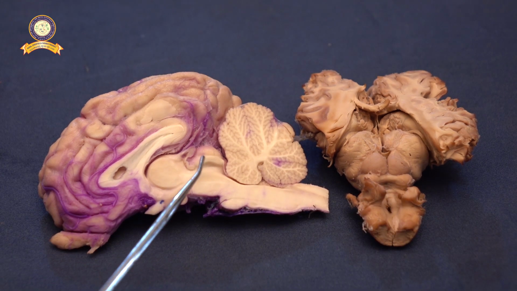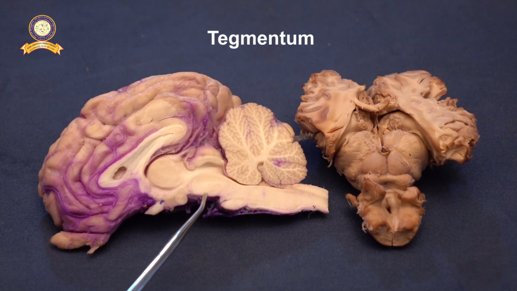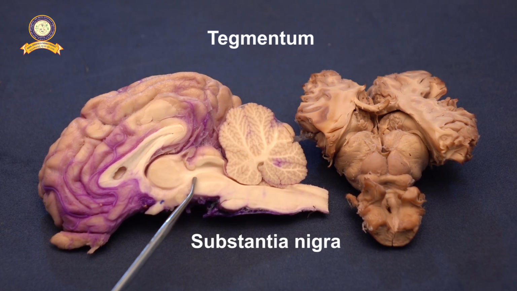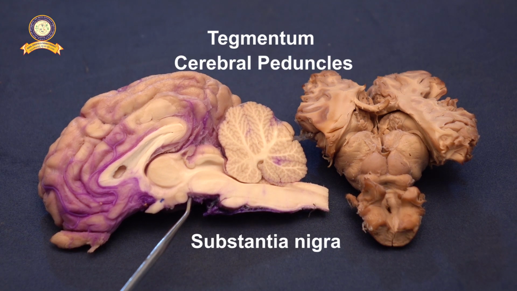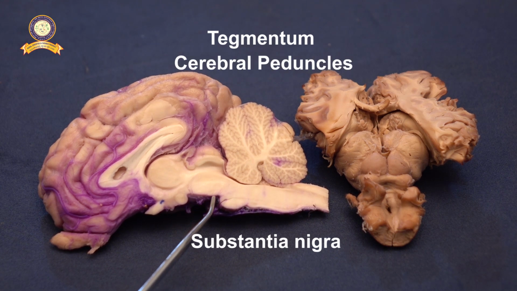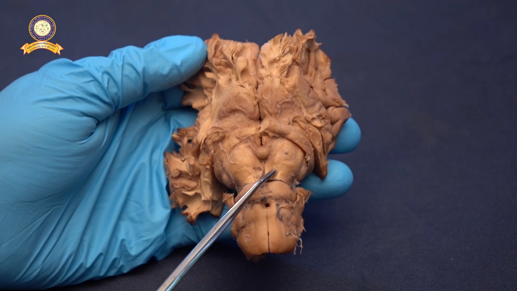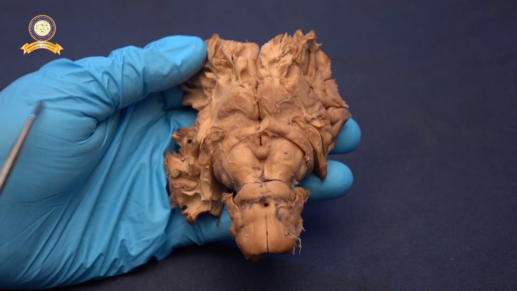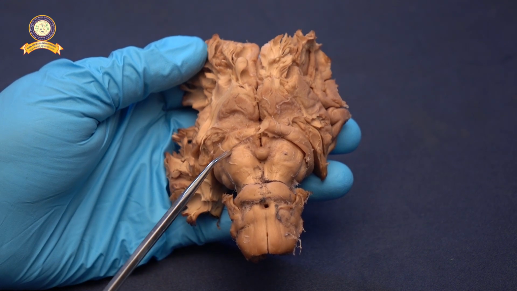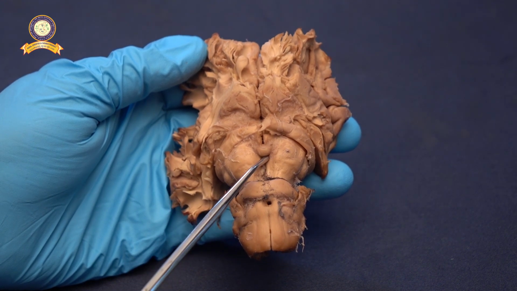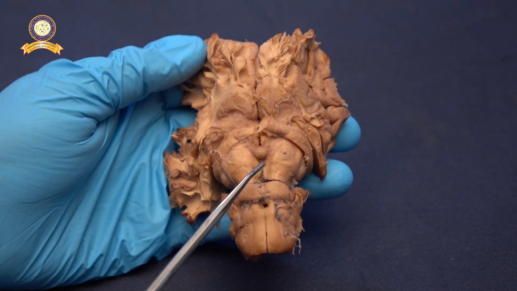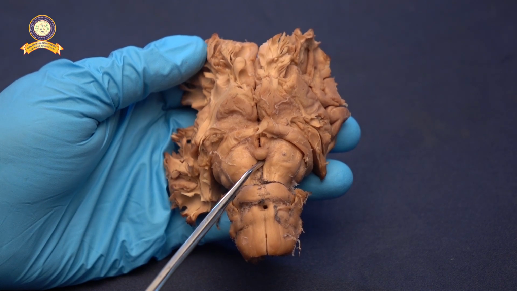Ventral to corpora quadrigemina is the tegmentum, having the substantia nigra. Ventral to that are the cerebral peduncles. Cerebral peduncles are two thick fiber strands which enlarge rostral to the pons and are separated by the interpeduncular fossa.